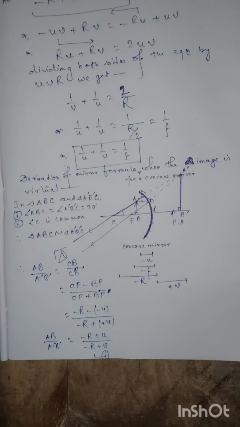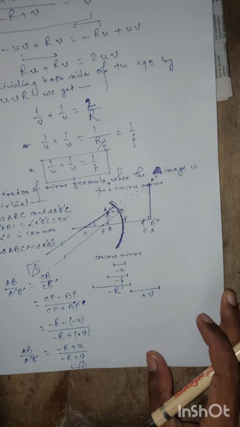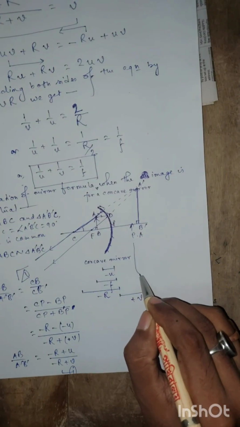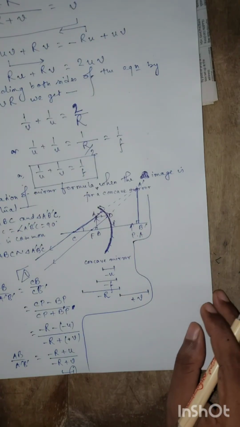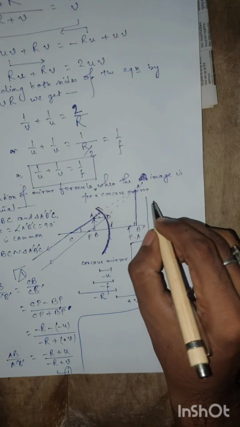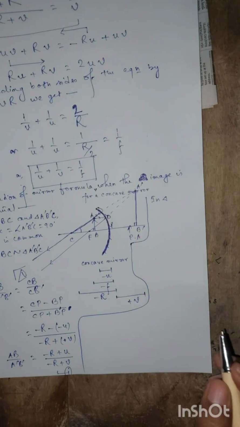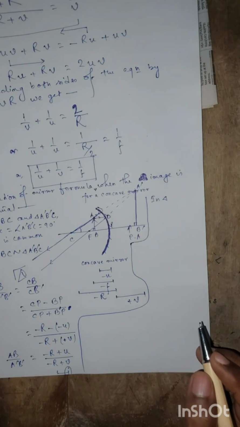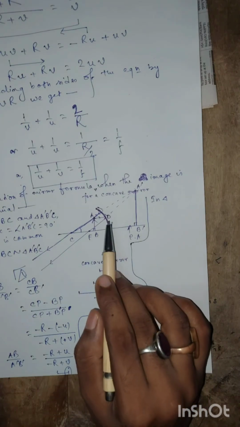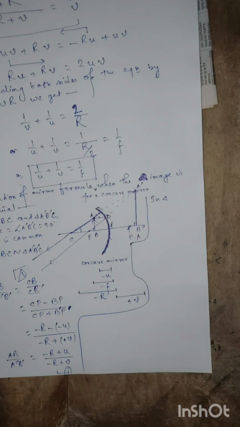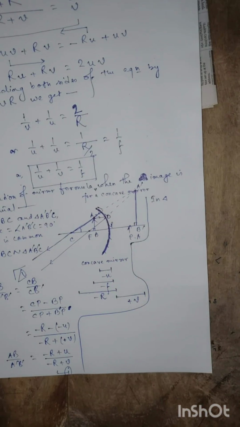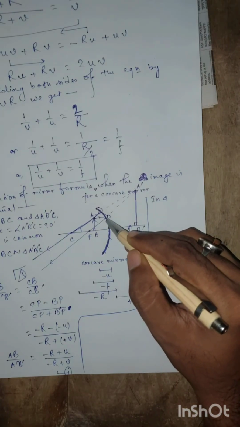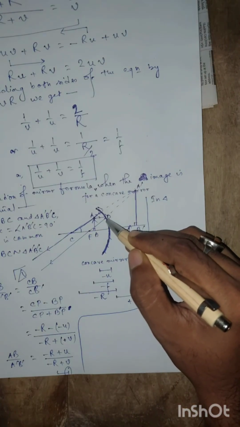Now friends, let us come to the next part. In triangle, we can assume this part is linear.